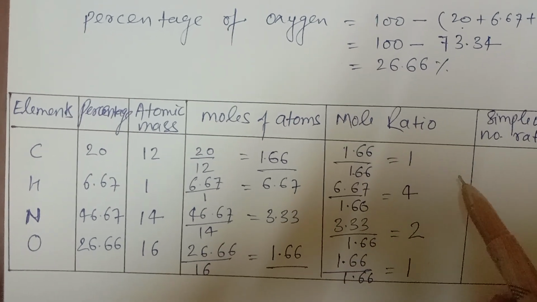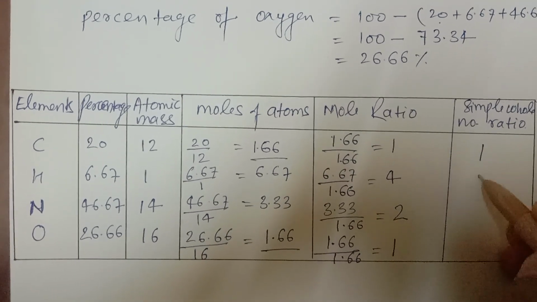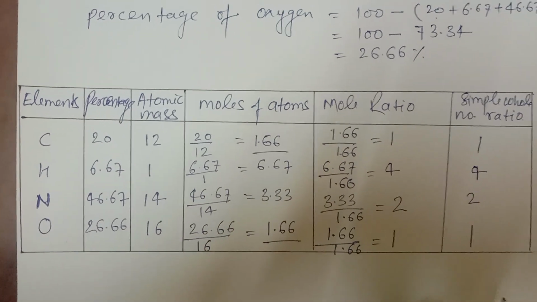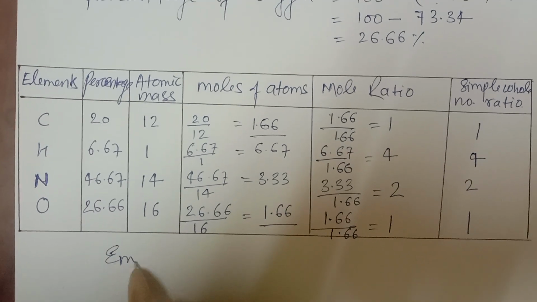These mole ratios act as the simplest whole number ratio: 1, 4, 2, 1. Using this, we can find the empirical formula.